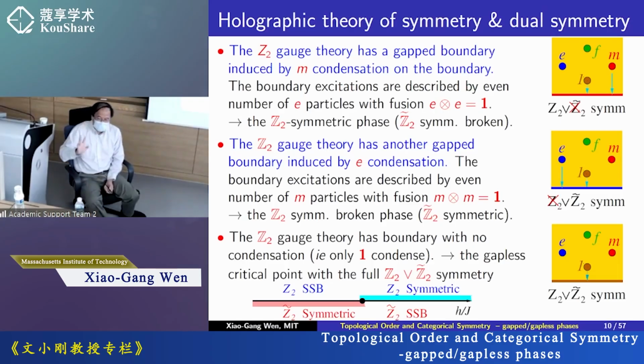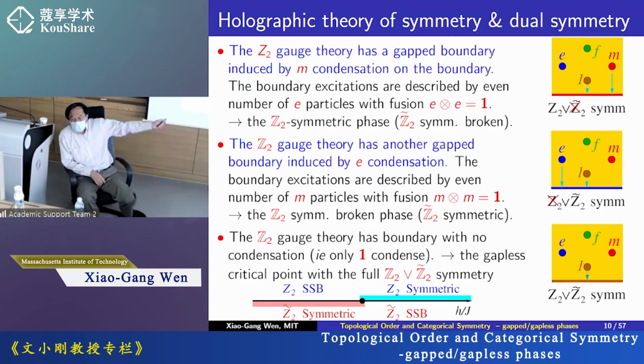However, there's one thing, as you mentioned. Here we claim that this critical point has this kind of categorical symmetry described by the Z2 gauge theory. This categorical symmetry includes this Z2 symmetry and Z2 dual symmetry, but obviously does not include the EM exchange symmetry.